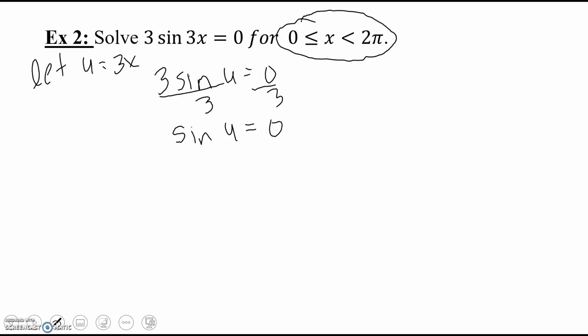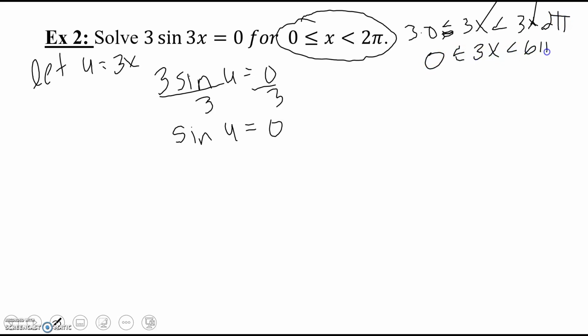But if I multiply all of those by 3, so 3 times 0, 3 times x, and 3 times 2 pi, 3 times 0 is 0, that will give me 3x in the middle, and that will give me 6 pi. And so what that means is that I need to go around 3 rotations. For 3x, you will go around 3 rotations.